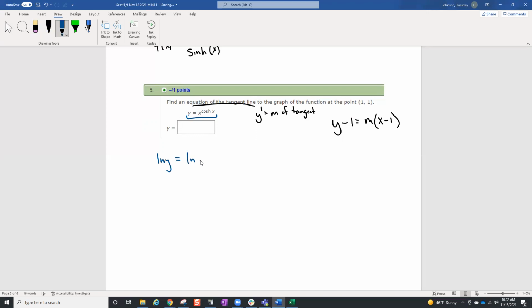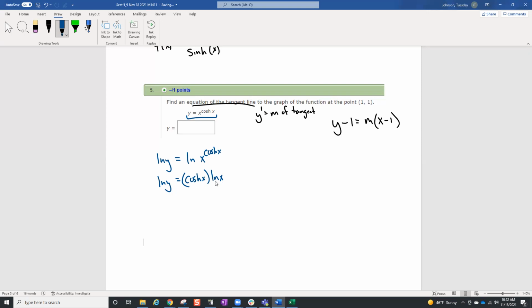So we're going to slam a logarithm in front of each of these. The reason for that is so that we can bring down that cosh x as a coefficient. It's the same rule we use to transform negative natural log of 2 into natural log of 1/2. The power rule of logarithms, that power comes down in front.